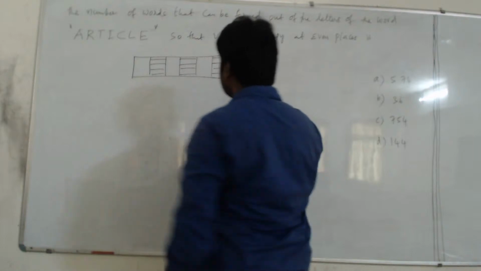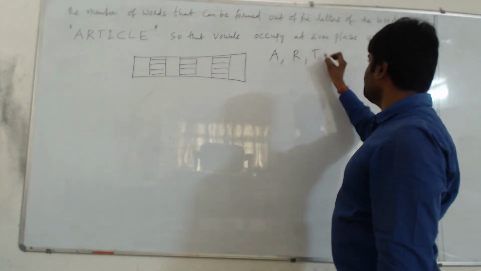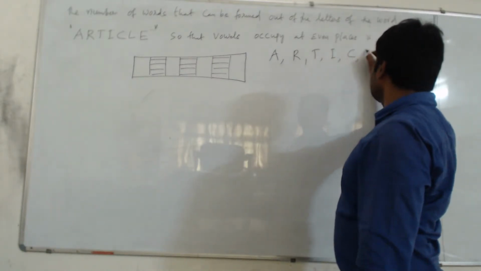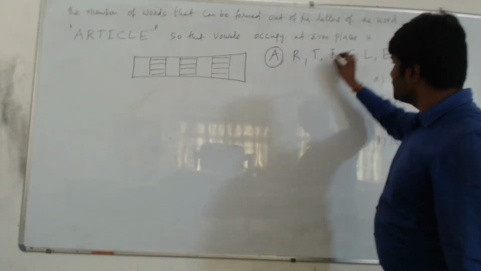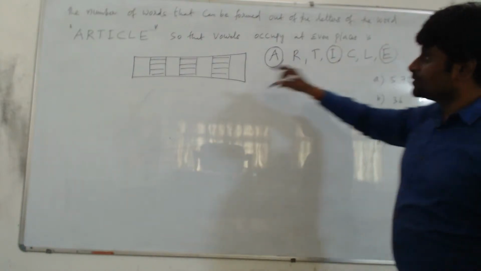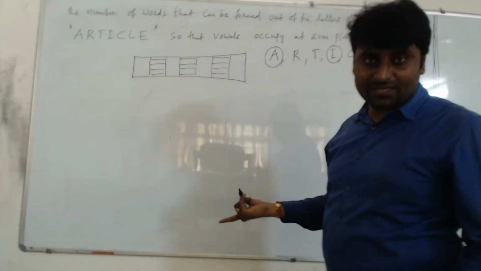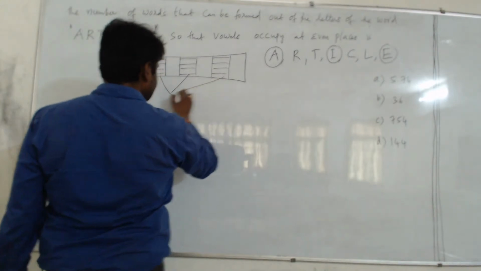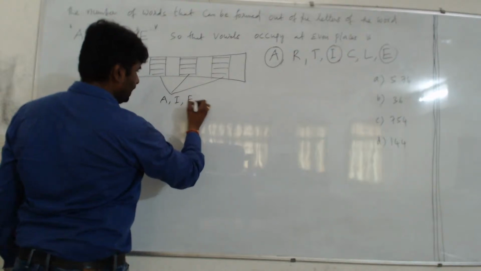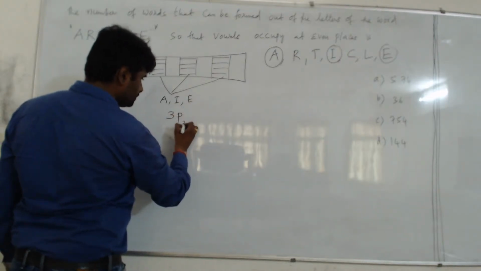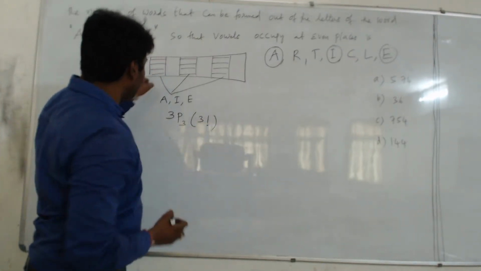The word is A, R, T, I, C, L, E. The vowels are A, I, E. So in these three even places, the three vowels can be arranged in 3 factorial ways.